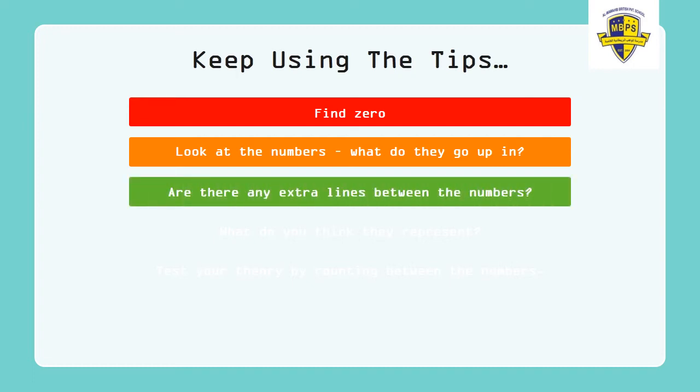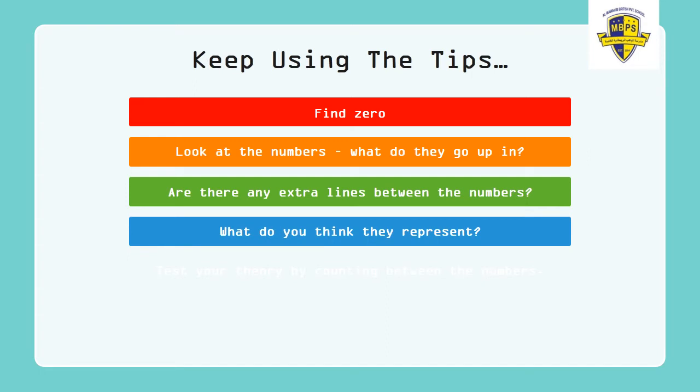Now, the third step, are there any extra lines between the numbers? Also, you have to check that. If there are extra lines, what do you think they represent?